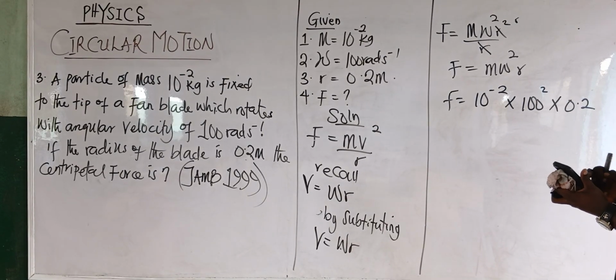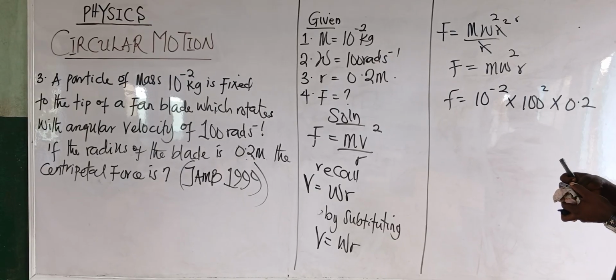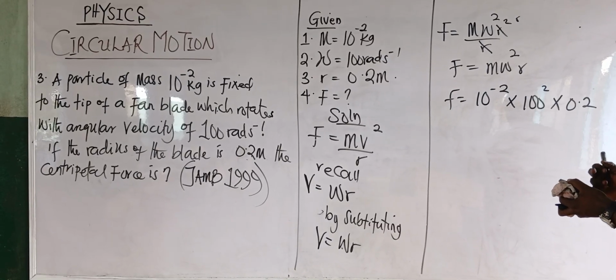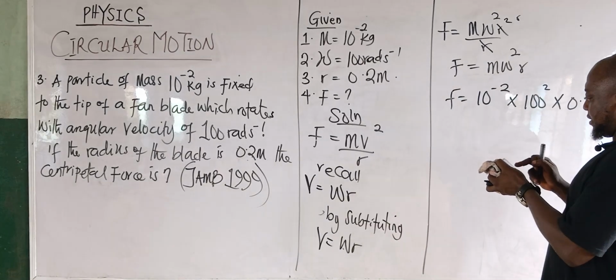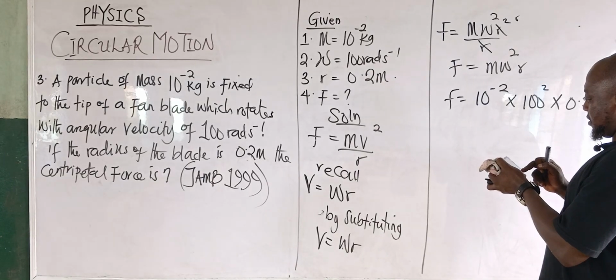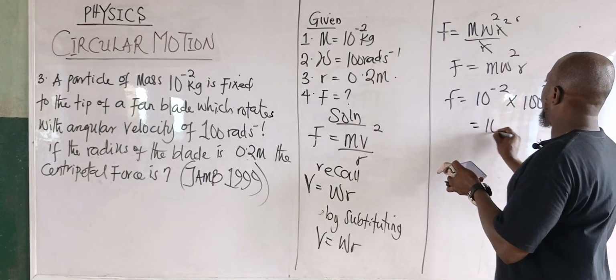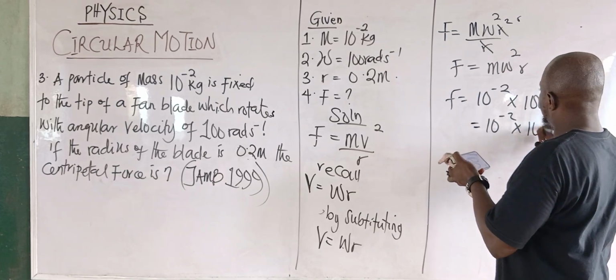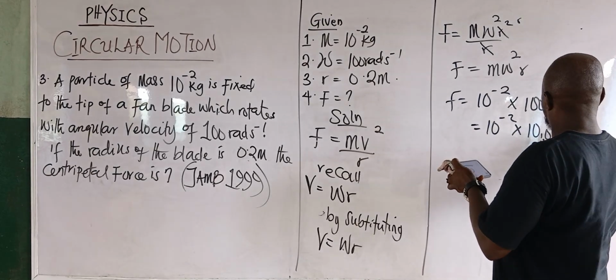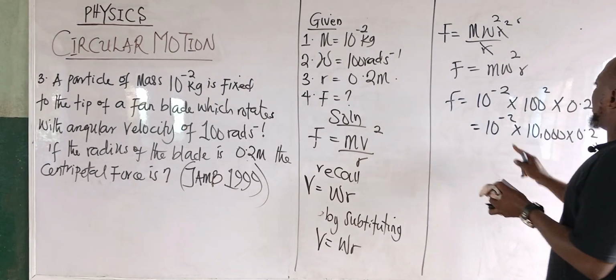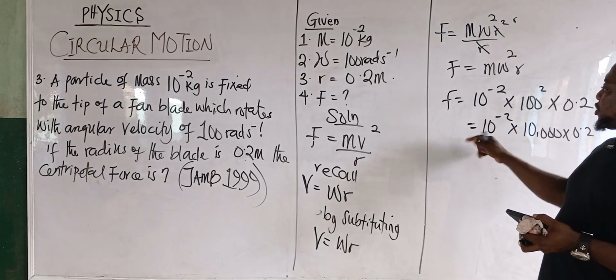So from this point, what am I going to do? We know that 100 squared here would give us 10,000 times 0.2. So I want to take this back to its original form.